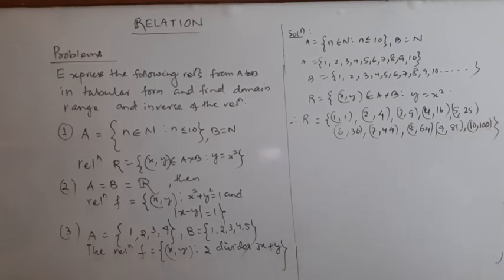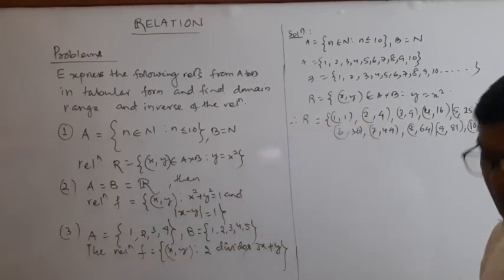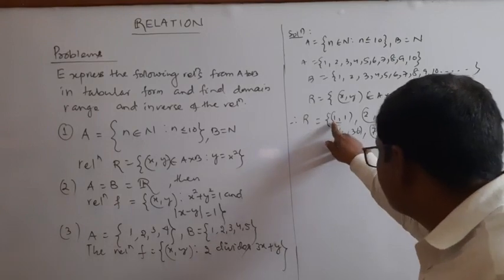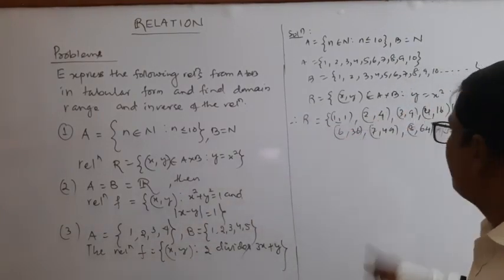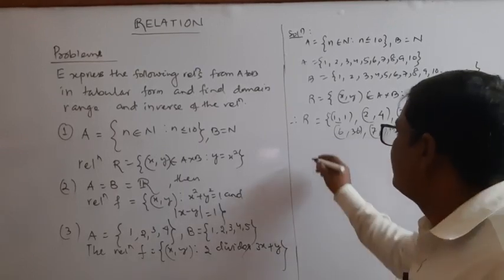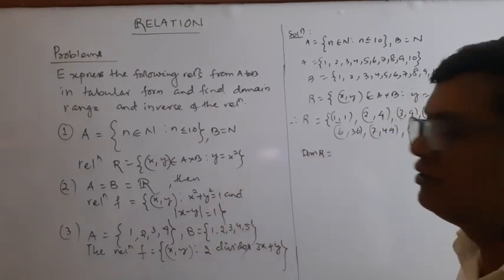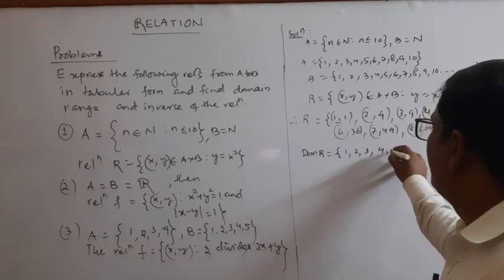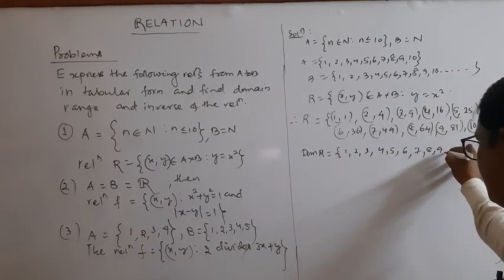Now what is the domain of the relation? The first elements. Domain means the first elements. Here the first element is 1, here the first element is 2, here the first element is 3. So write the first elements of the relation. So dom R is equal to 1, 2, 3, 4, 5, 6, 7, 8, 9, 10.